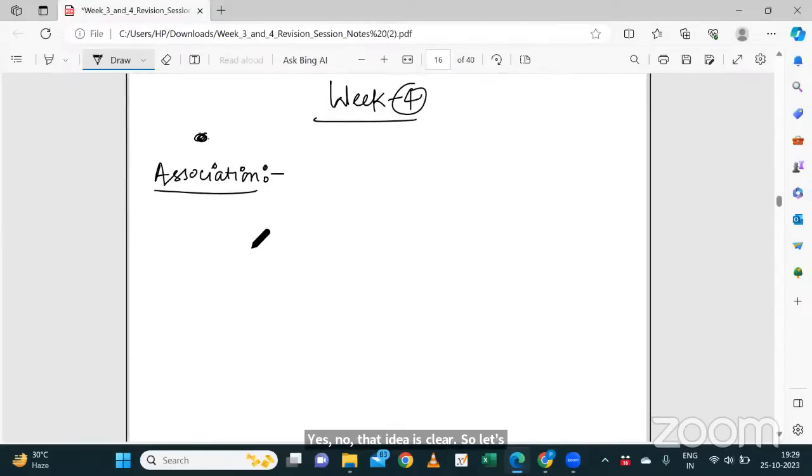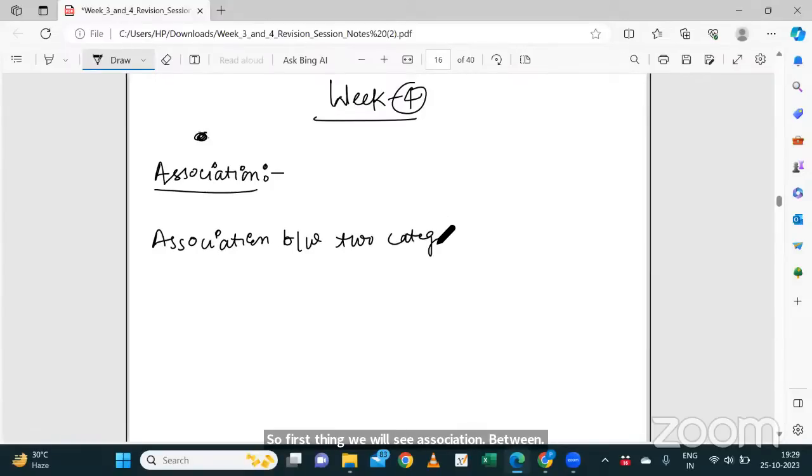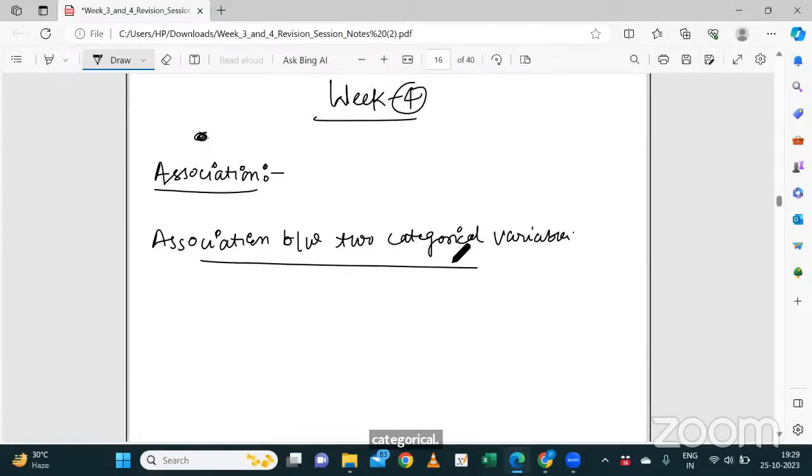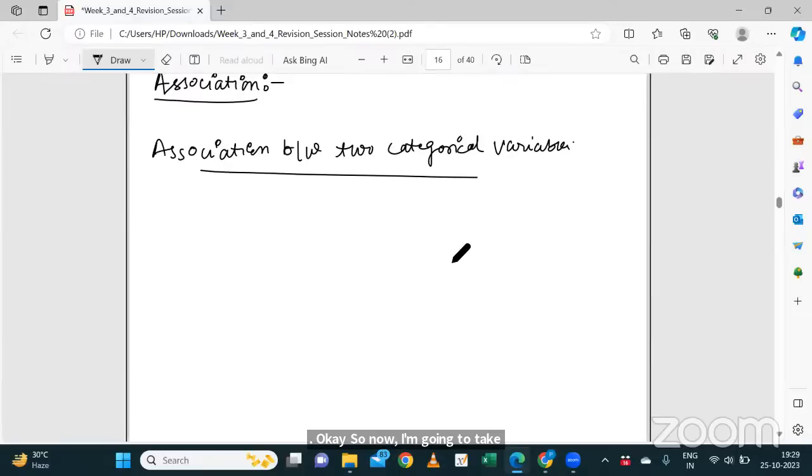So let's see the association between two categorical variables. I'm going to take the example which ma'am took in the lecture video.